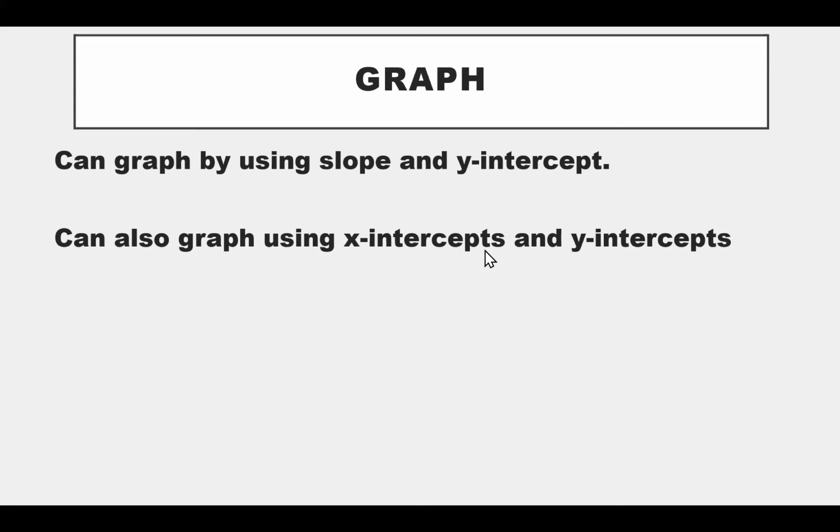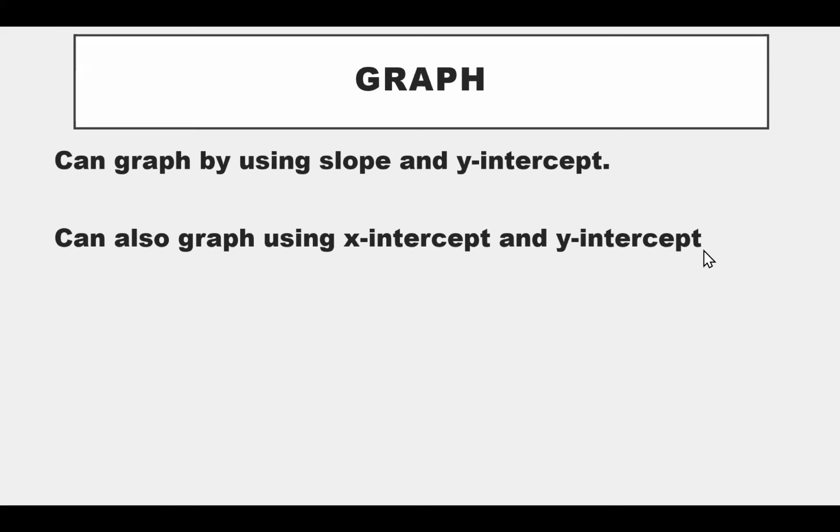Technically, a line is only going to have one x-intercept and one y-intercept. So we'll change that to a singular x-intercept and a singular y-intercept because each line will only have one.